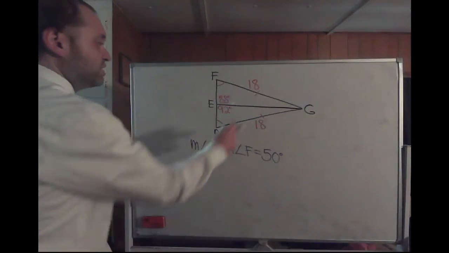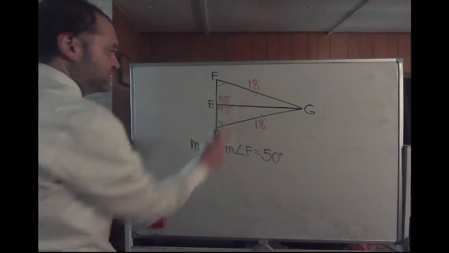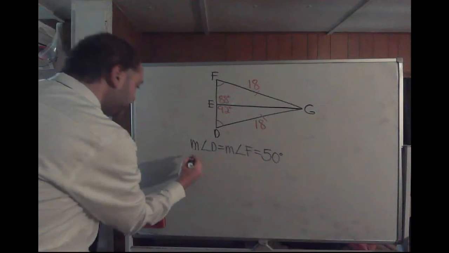We ultimately want to solve for each of the missing angles in these triangles, right?